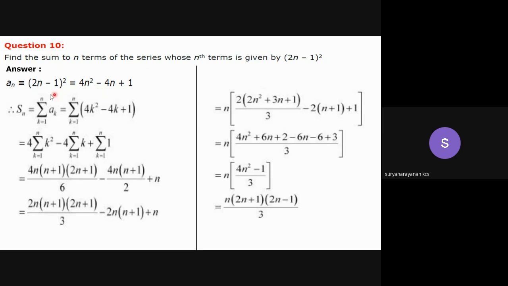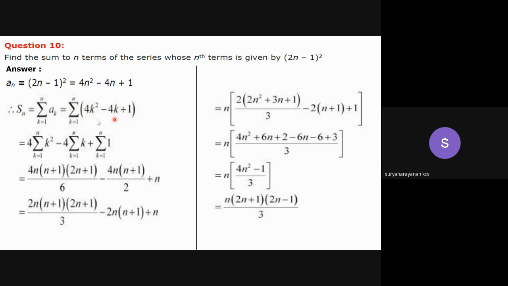Now we have to apply sigma notation. Therefore, Sn, to find the sum to n terms of this given series, we have to apply sigma notation to the nth term of the given series. That is equal to sigma k equal to 1 to n of ak, which is equal to sigma k equal to 1 to n of 4k square minus 4k plus 1. Previously also I told you, in the place of n, we write k.